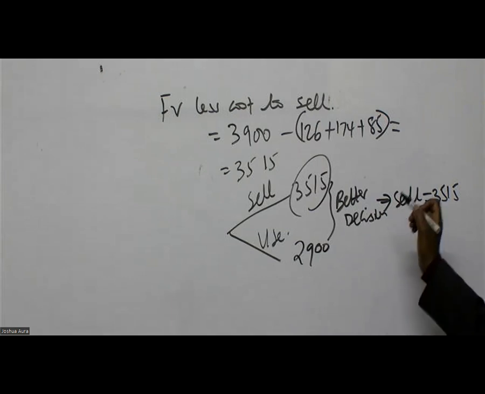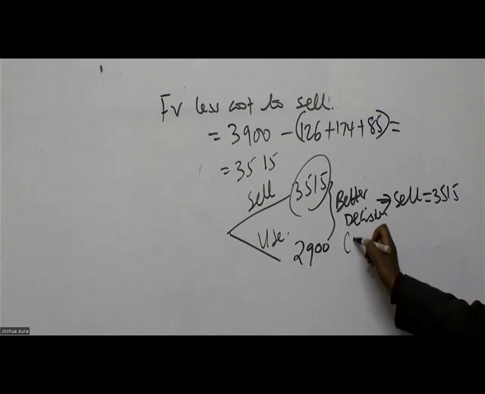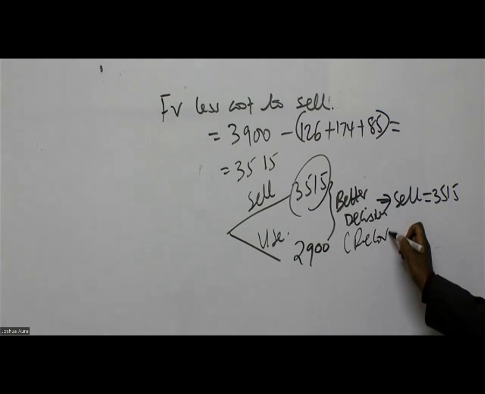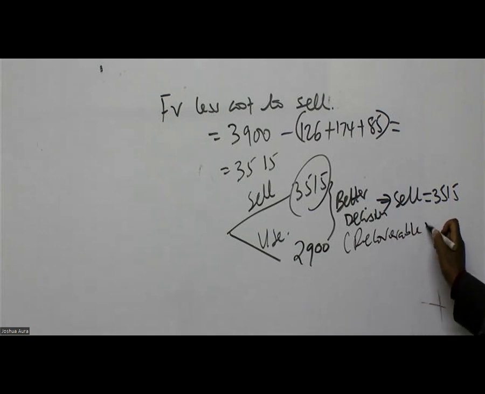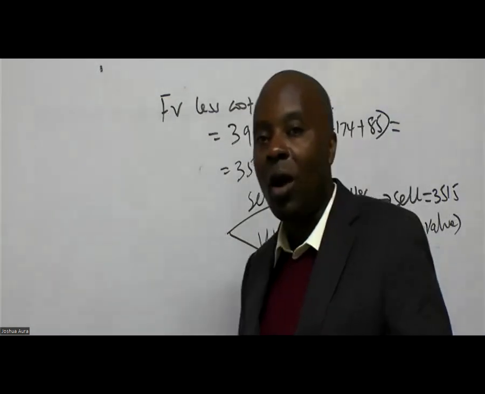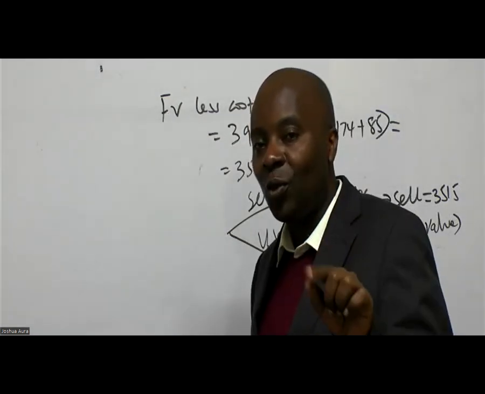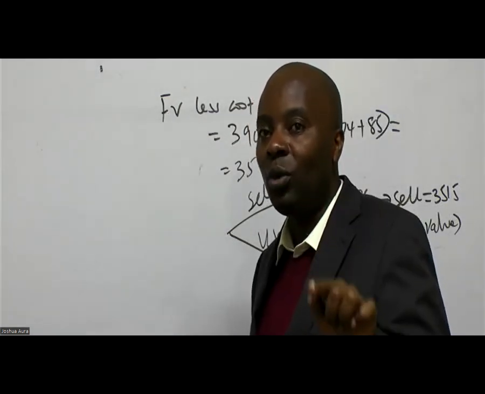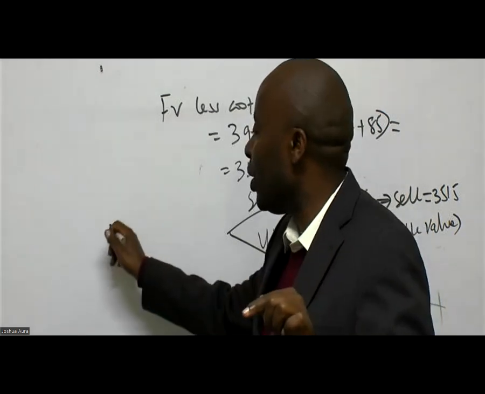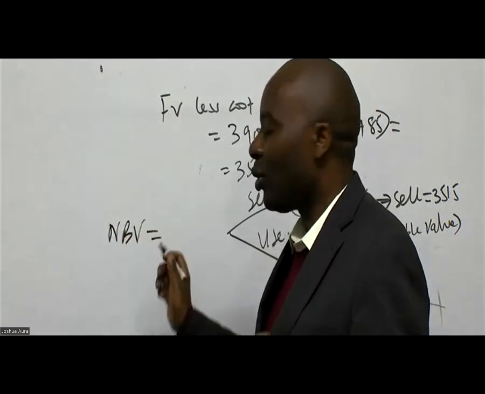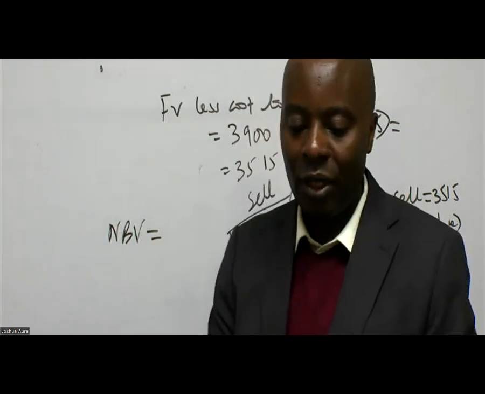So remember, the better decision's value is what we call the recoverable amount. So the recoverable amount is 3,515. Now, this recoverable amount, we shall go and compare it with the carrying amount in the books of accounts. What is the net book value? In the books of accounts, how much are we carrying this asset at?